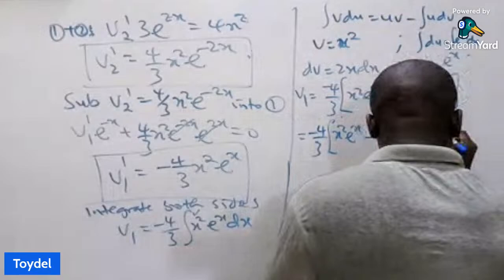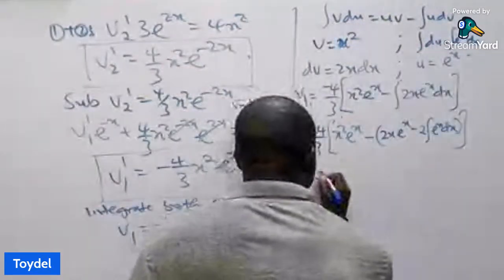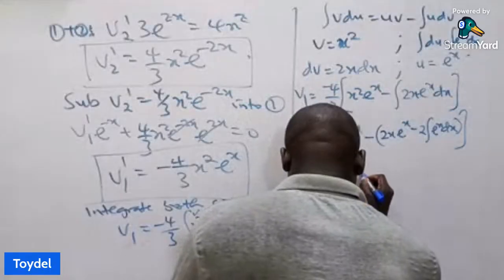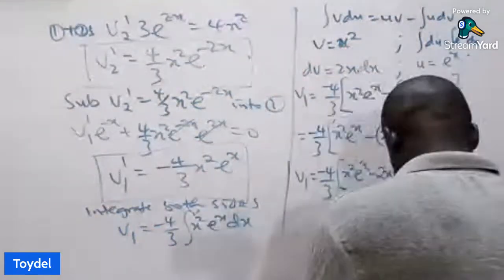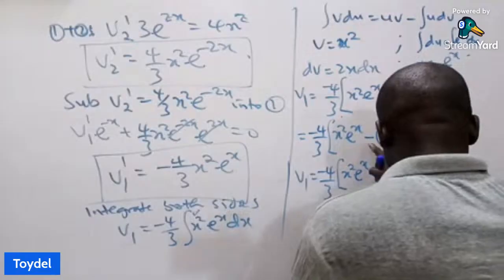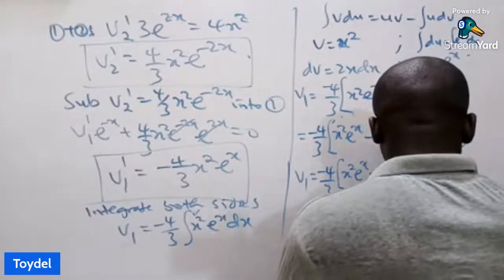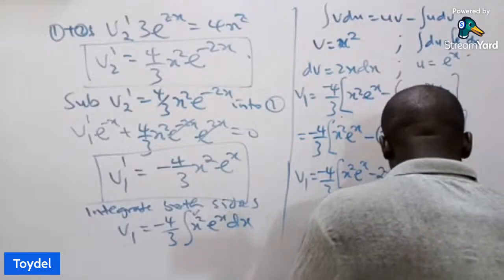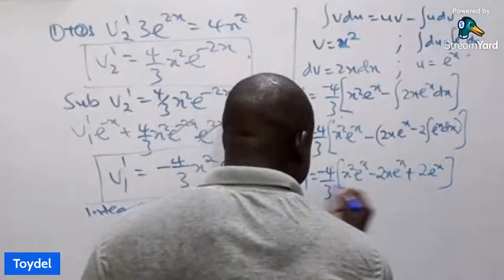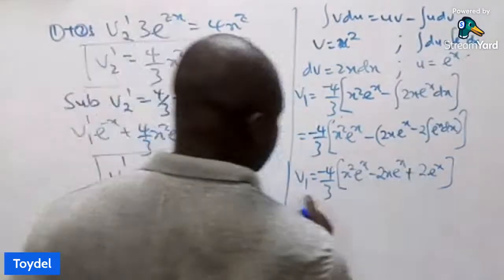Then finally, v1 will be equal to minus 4 all over 3 into brackets x squared e^x minus 2x e^x plus 2e^x. That's what I'm going to get. So this will be the value of v1.